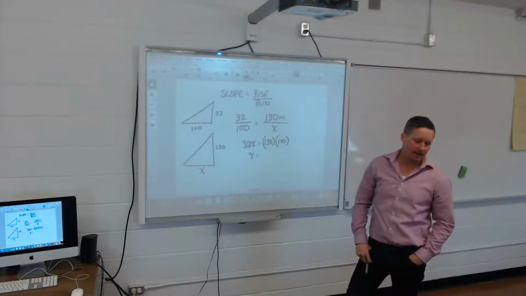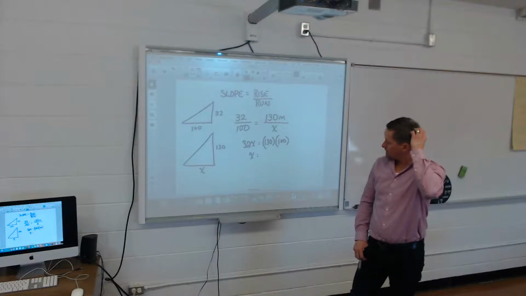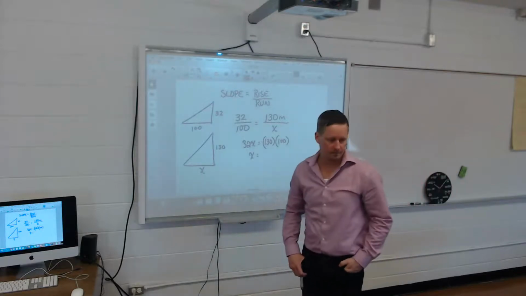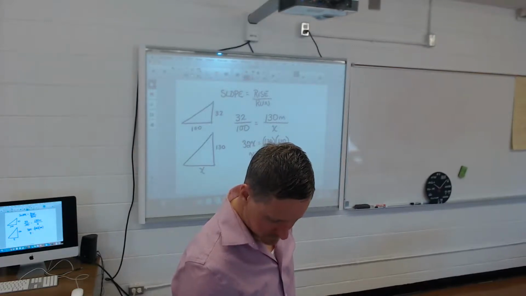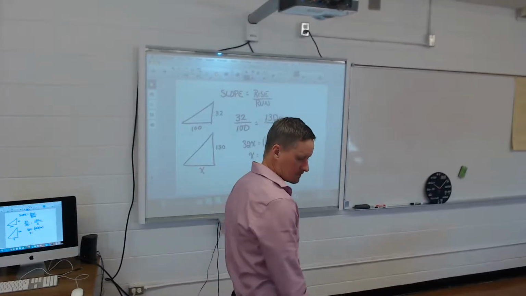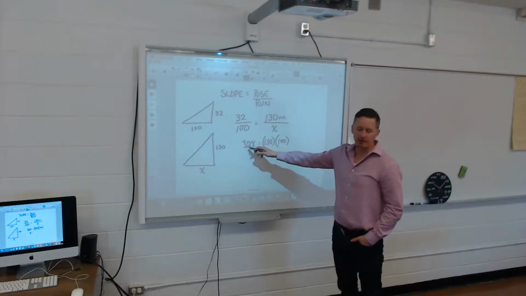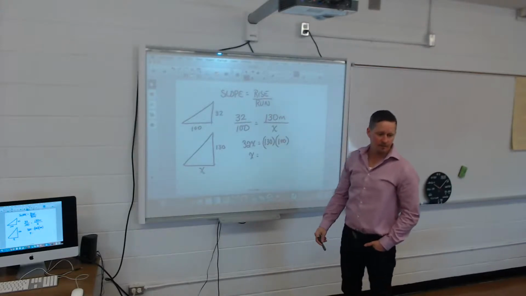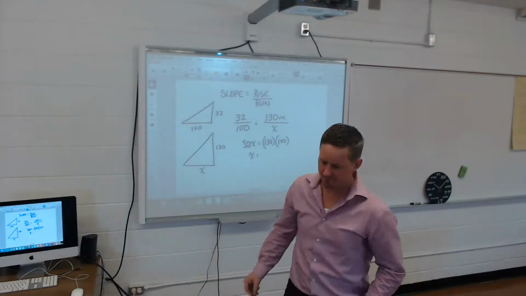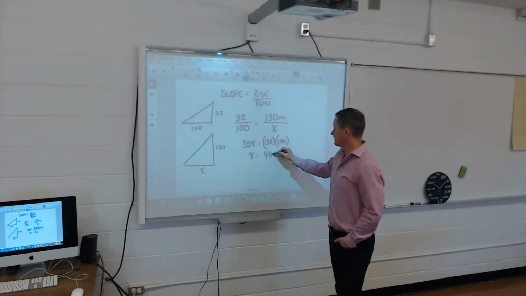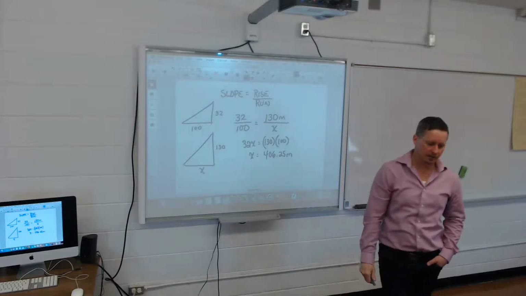Now I need to get x by itself, so what do I do? Can you see that? Would you divide? That's right. I need to divide both sides by 32. And that gave me 406.25 meters.